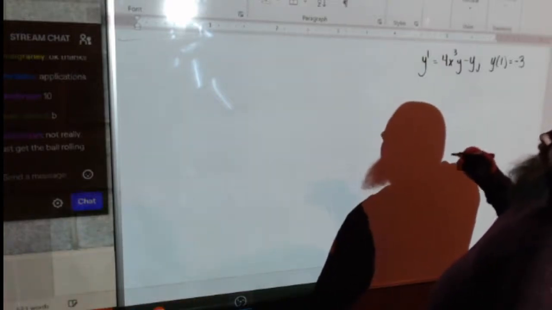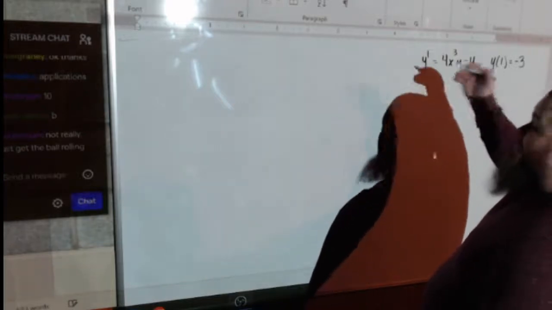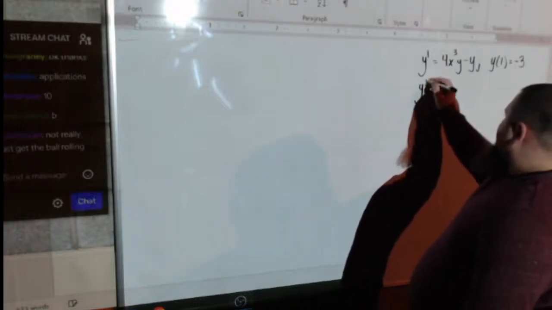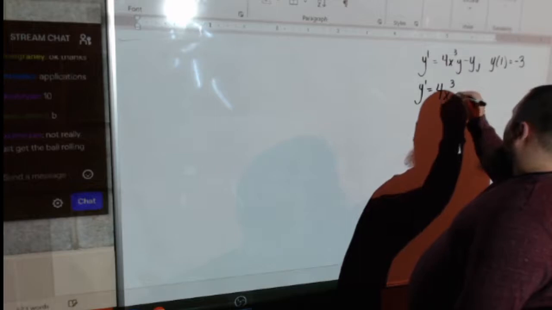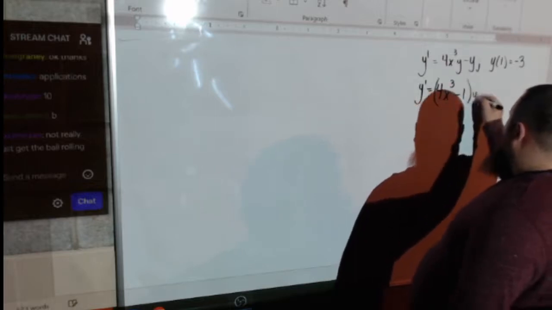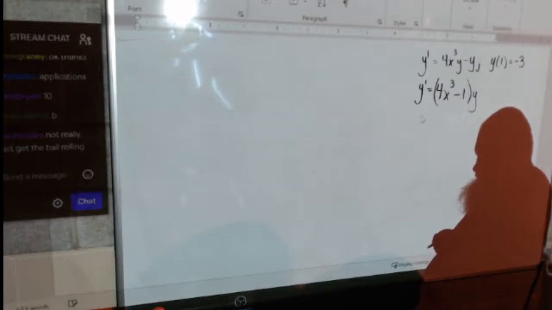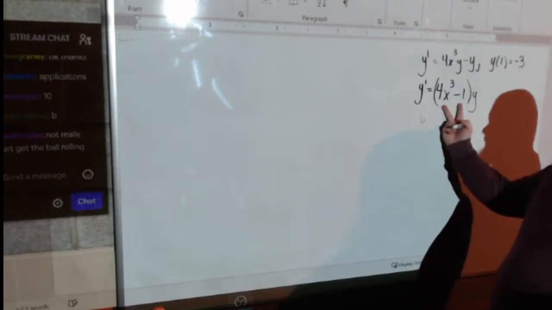In fact, integrating factor just breaks it down so that we can get to something that can be solved with that method. I see here that I can factor out a y. And then this is all a function of x.